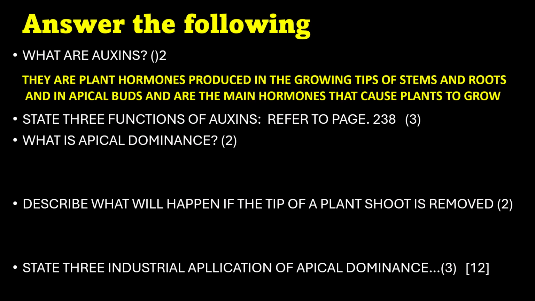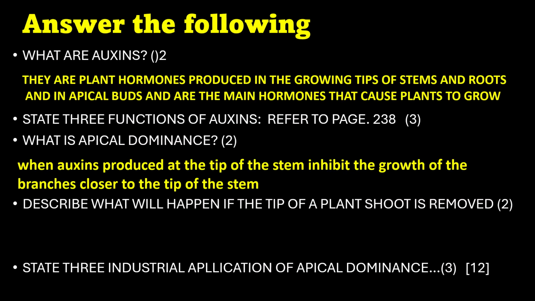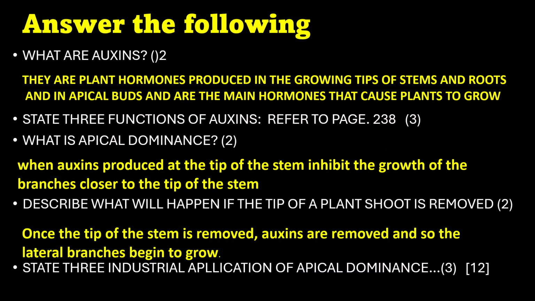So here are the answers. You can read them yourself and take note of them. You can also pause the video and then you can monitor the answers and know them very well. And go to your notes or your handouts for question 2 answers.